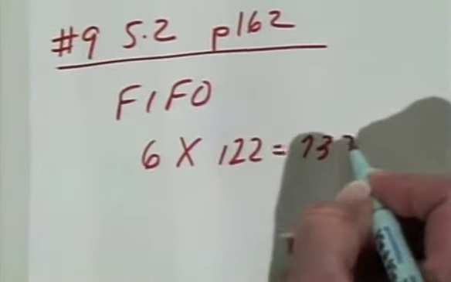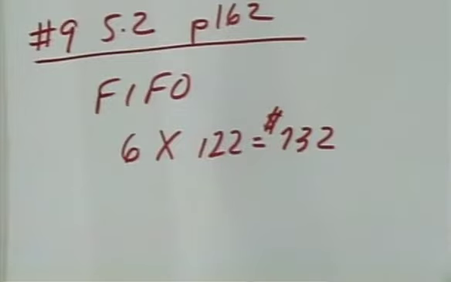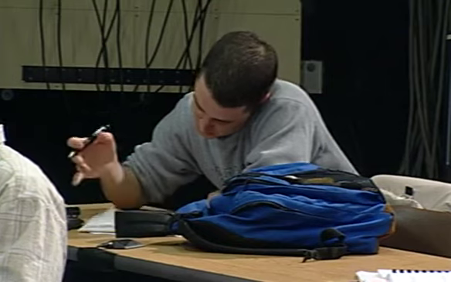Is that what the book says? I don't know. The 6 that were left would be 6 of the 7 that we purchased in September, and so we would have 6 guitars at $122 apiece. Did that answer your question?